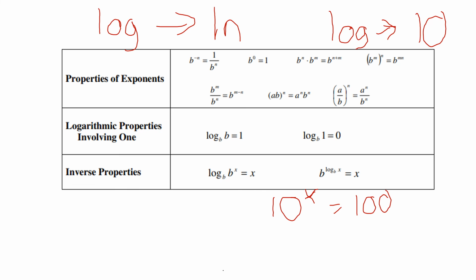But I just want to go ahead and work things out so we could get things together. So for this one, it's x equals 2, because we know that 10 to the power of 2 gives us 100.